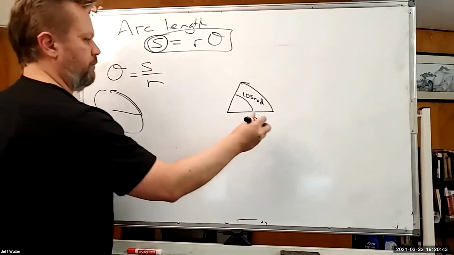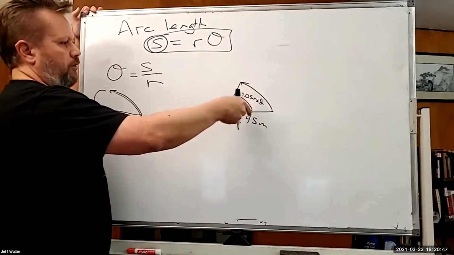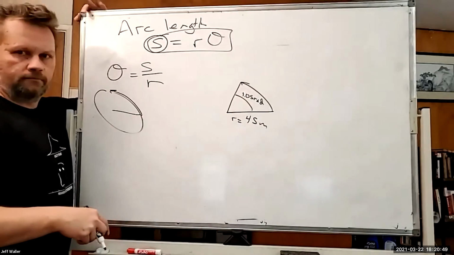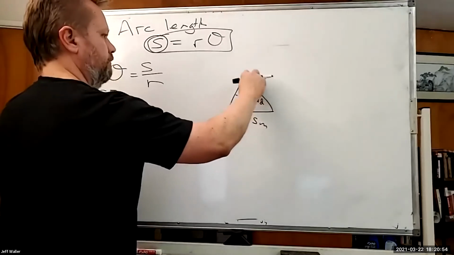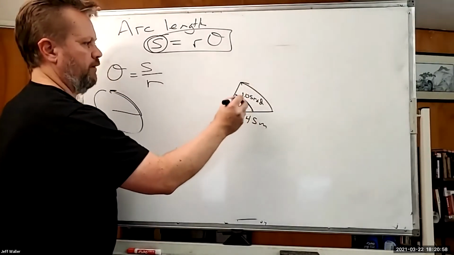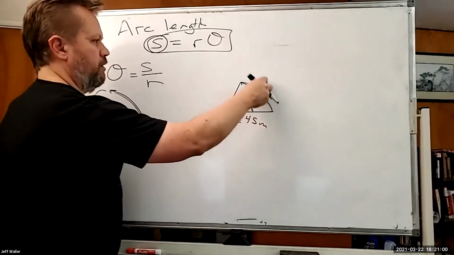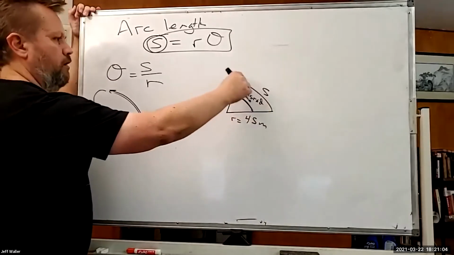So 45 meters is the radius, and I walk through 1.05 radians. How long is this? Right, so the angle measure is 1.05 radians, but how long is the arc length? How long did I walk?